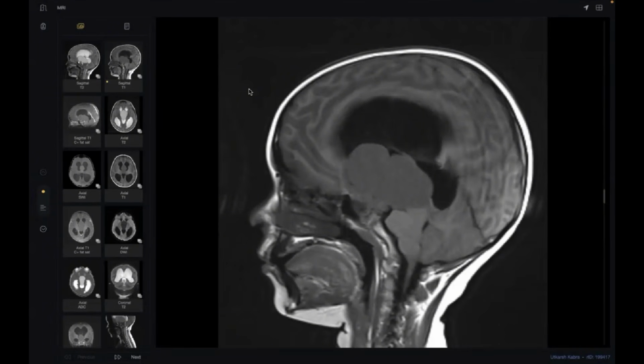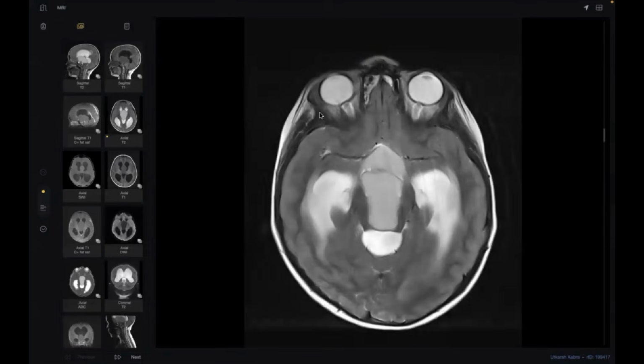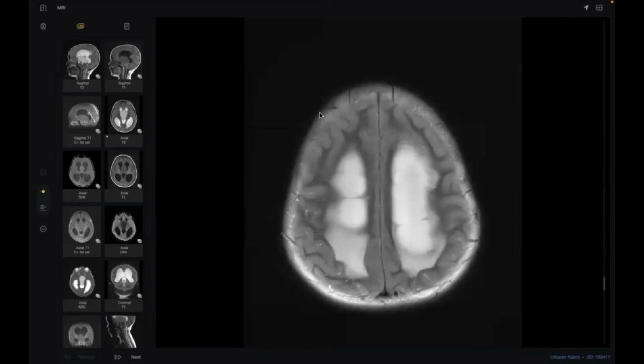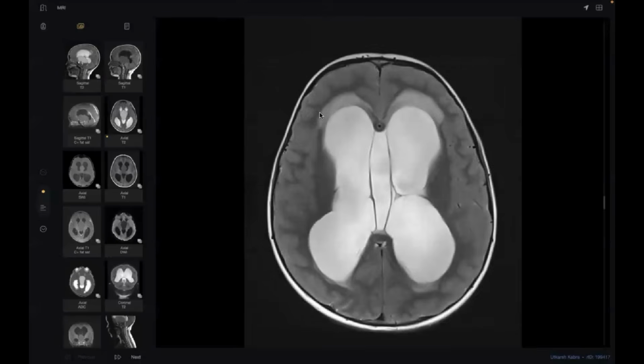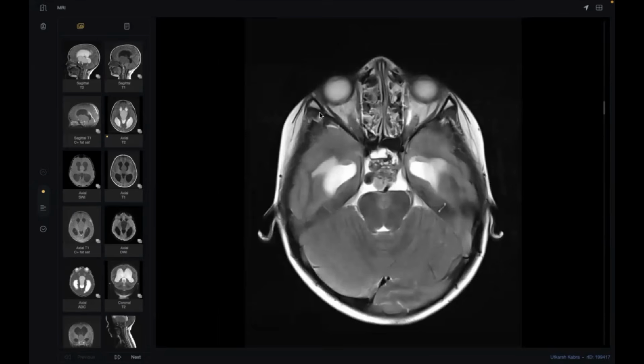There is an intermediate to low intensity area in the suprasellar region, showing septations in it. I can see a cavum septum pellucidum, and there is also a heterogeneous area involving the sella.